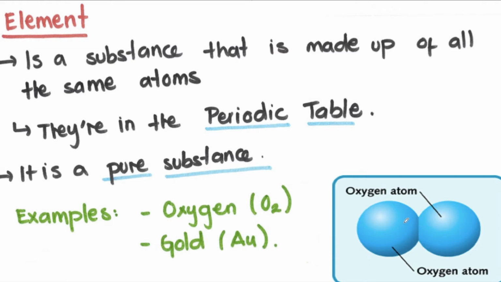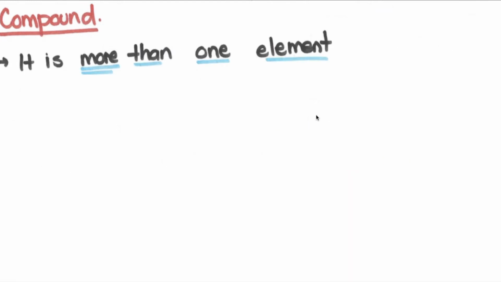It's not only one atom. So we have here two atoms of oxygen, and this whole thing is a molecule. Molecule is written like this, molecule of oxygen. Okay, so an element is a pure substance, and they are all in the periodic table, and they have only one type of atom. Good. Let's go to the next one. Compound. So a compound is made of more than one element.